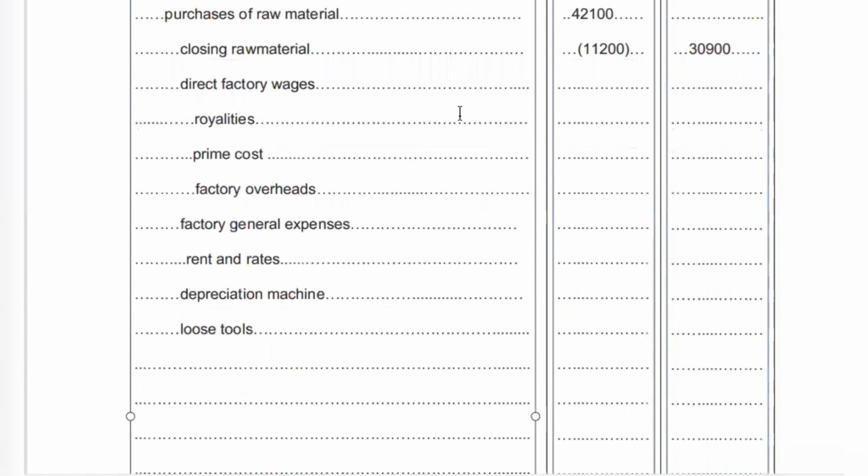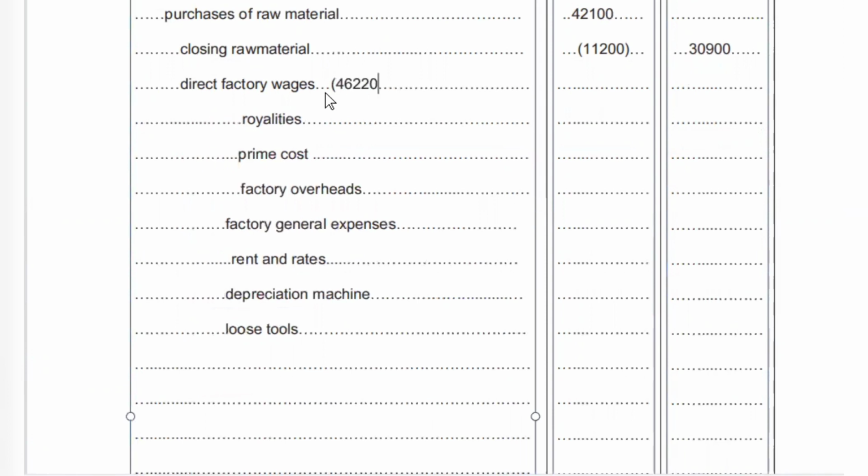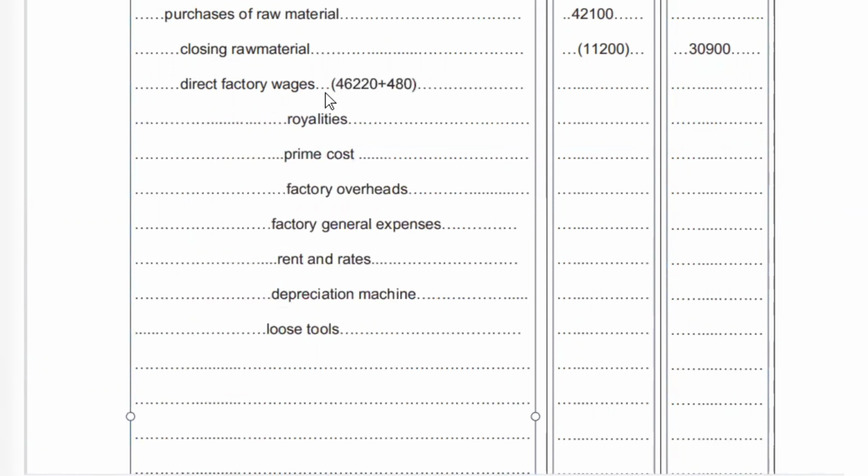So we have direct factory wages of 46,220 plus 480. That will add up to make 46,700. Then we have royalties of 3,900. 30,900 plus 46,700 plus 3,900 will give us 81,500.